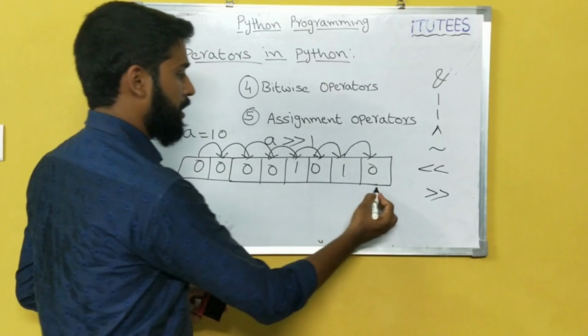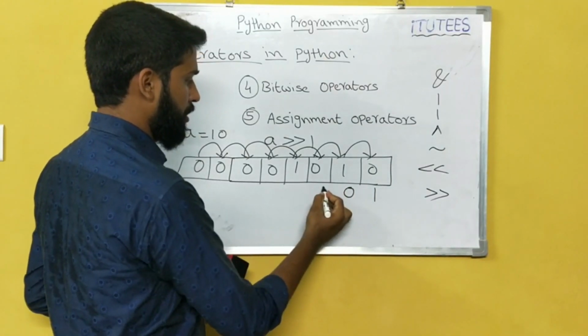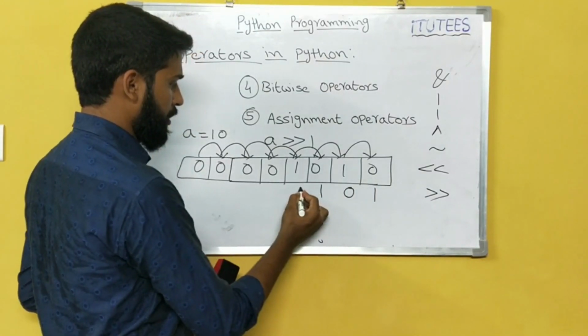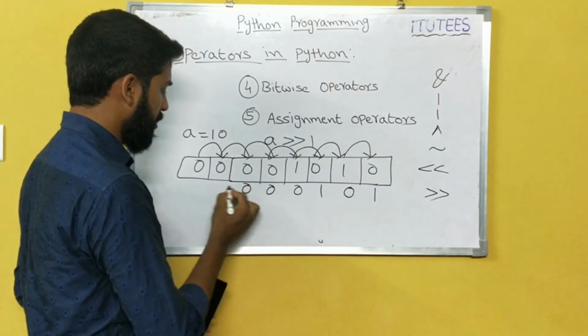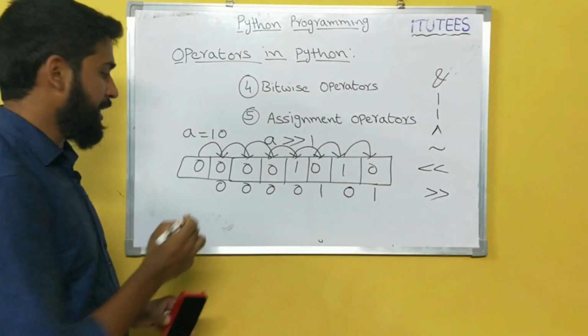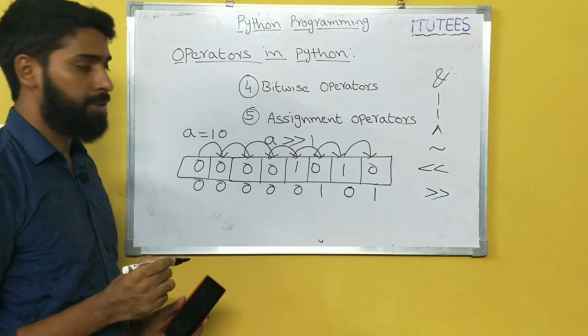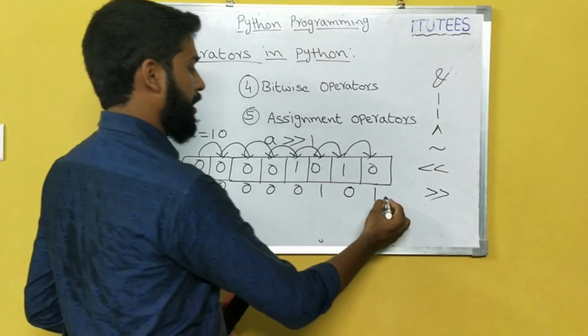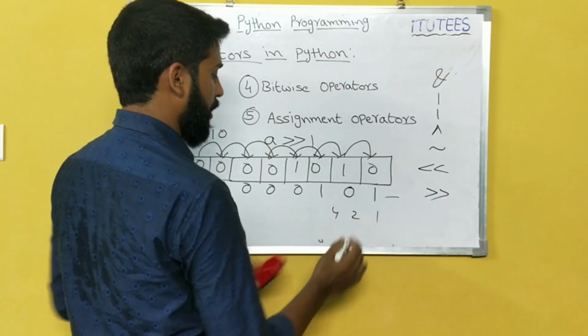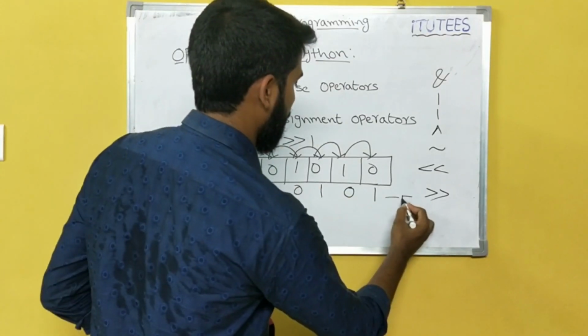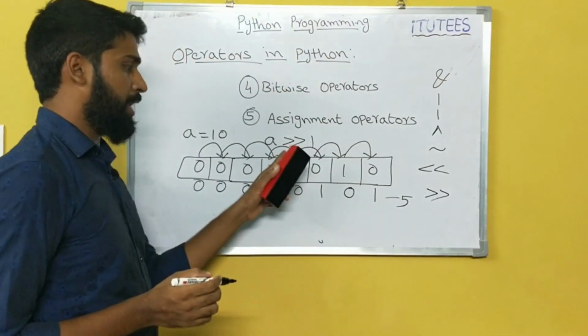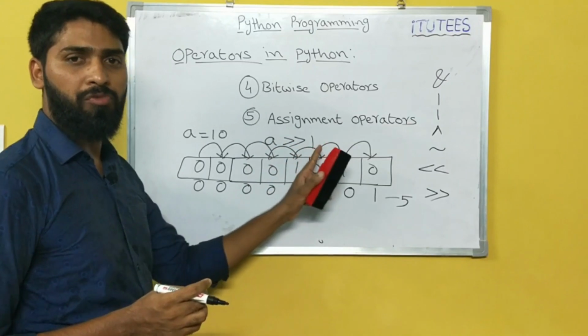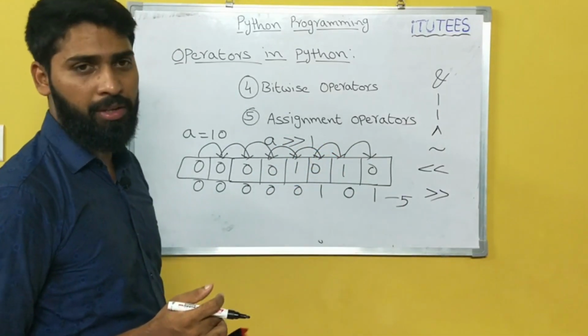That means here 1, 0, 1, 0, 0, 0, 0. A new bit is 0. Adding, the equivalent number is 1, 2, 4. That means 5. So 10 right shift 1 bit, what is the result? 5.